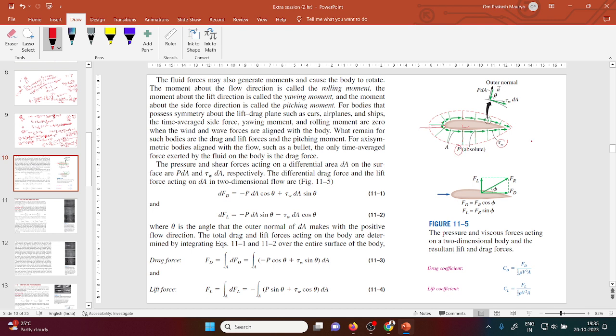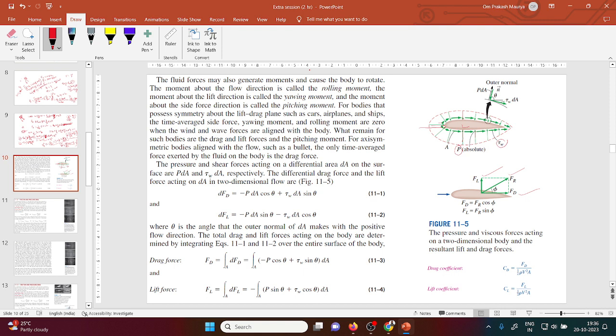Combining these things, one resultant force comes into the picture. If you combine these, two forces come in the picture: one is the lift force and the other is the drag force.